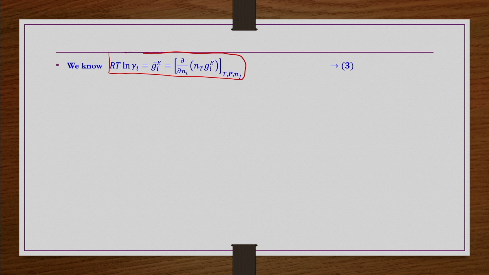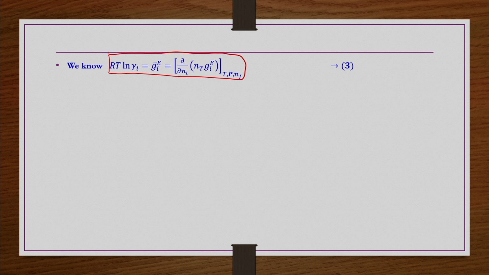Now, for this case, if you want to find gamma 1 and gamma 2, then G_i bar E is equal to RT ln gamma i; this is what we have already derived.